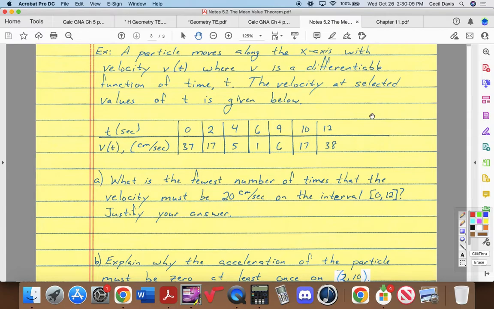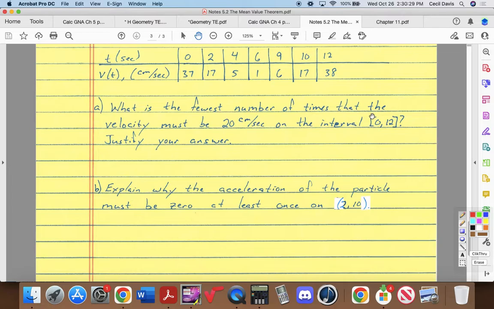Let's stop there. If v is differentiable, what else does that tell you about it? It's continuous. Differentiability always implies continuity. Okay, so we have a well-behaved curve. The velocity at selected values of t is given below.